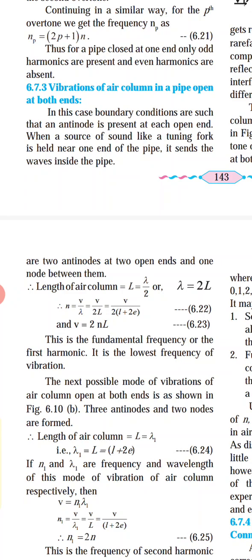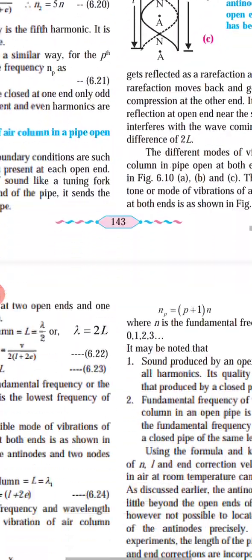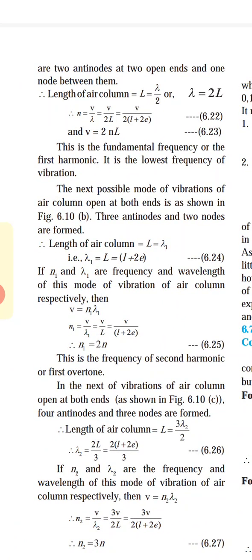Next possible mode of vibration of air column open at both ends, 6.10B, where you can see 3 antinodes and 2 nodes are there. So length of air column L is equal to lambda 1, since equation 6.24, where capital L is L plus 2E.